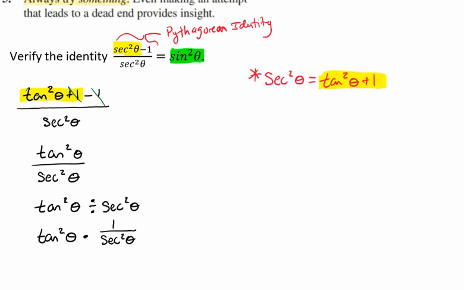From our identities, we know that the secant of theta is the same as 1 over the cosine of theta.